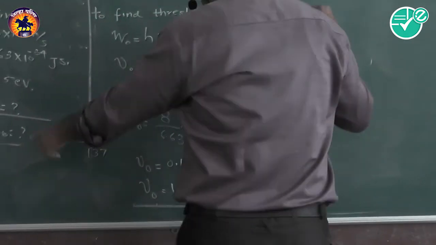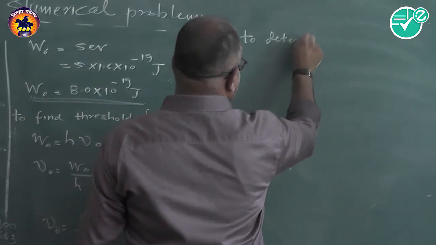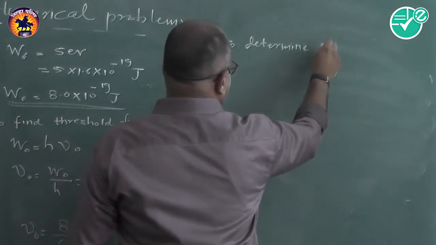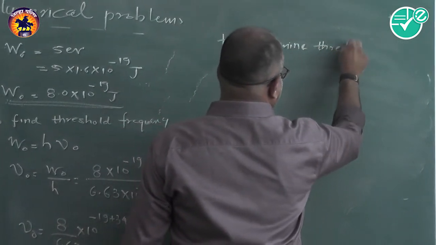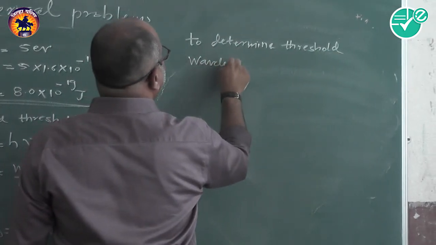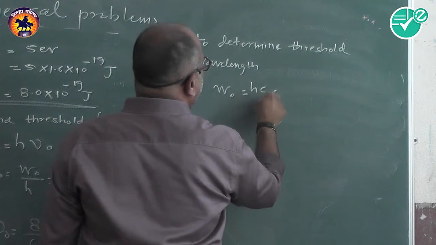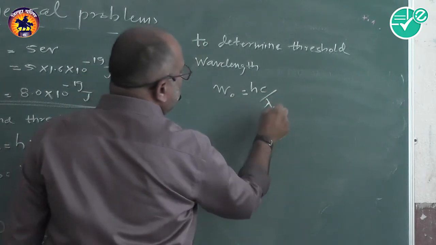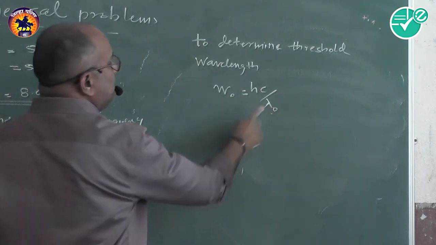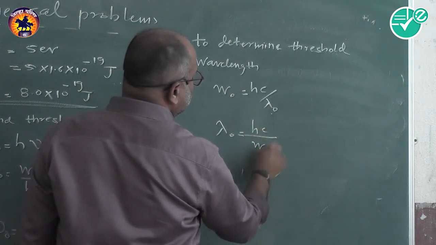Now in the second one we have to determine threshold wavelength. To determine the threshold wavelength, W0 is equal to HC upon lambda 0. We have to determine this. So we will be rearranging lambda 0 is equal to HC upon W0.